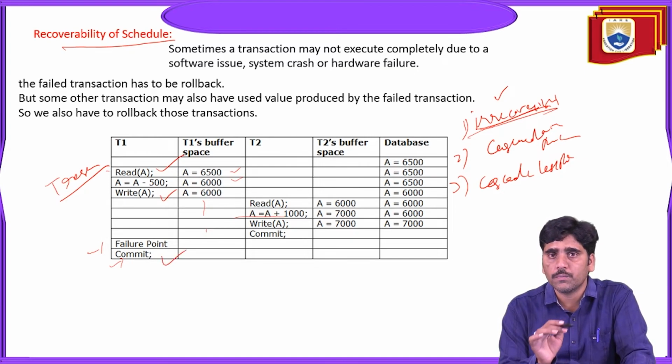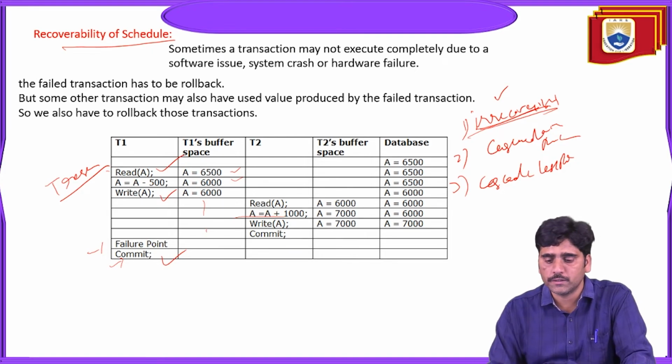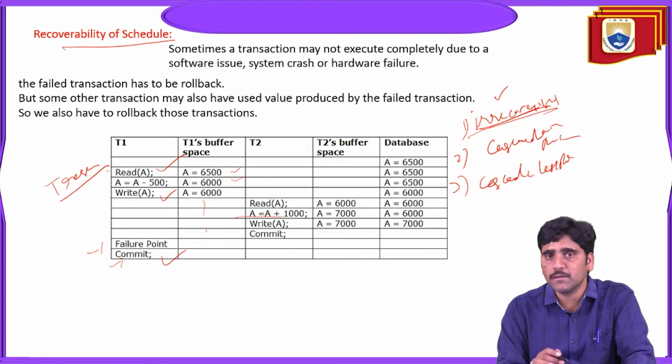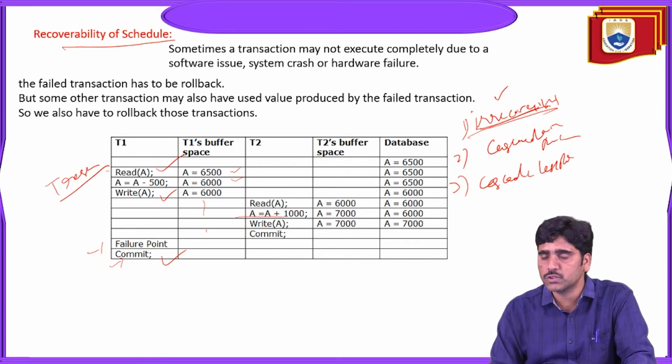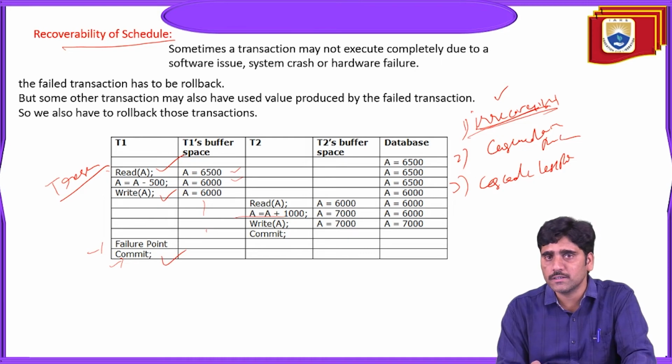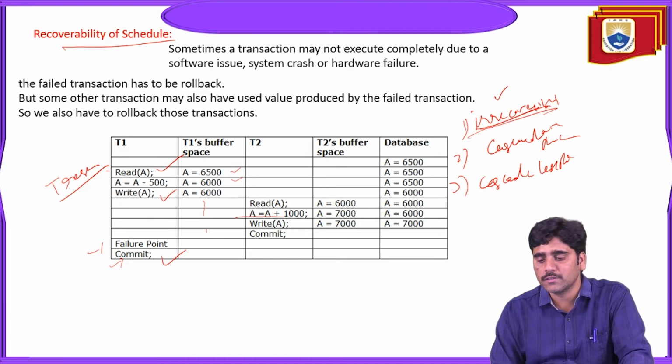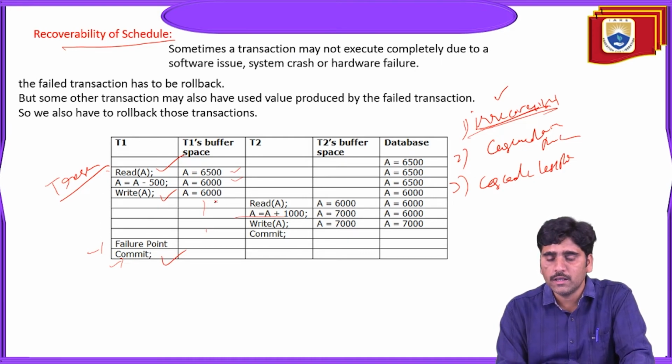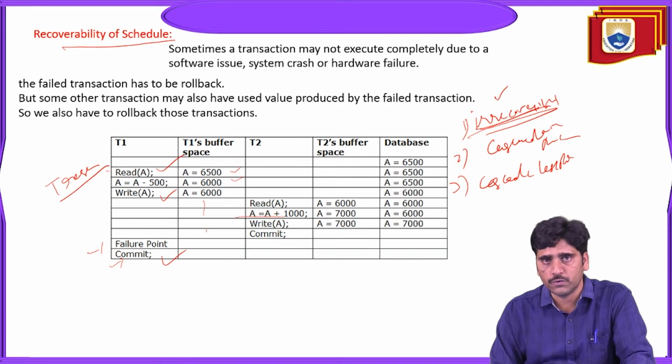If these three operations are performed, then there may be a chance to roll back the transactions. If any of the transaction is not committed, then it is said to be an irrecoverable schedule.